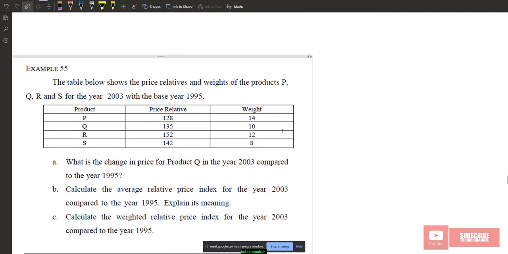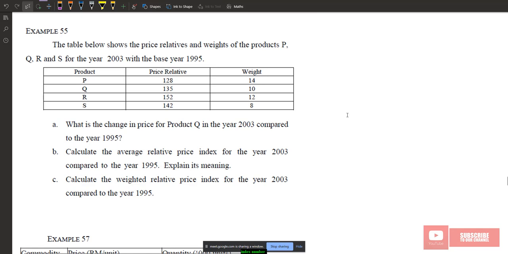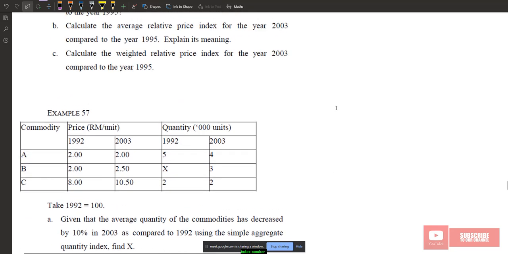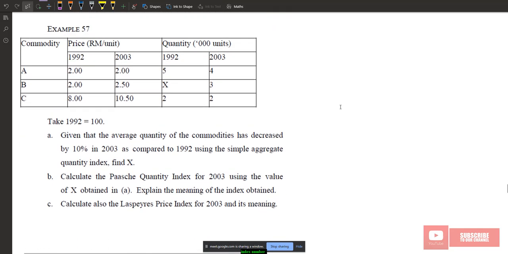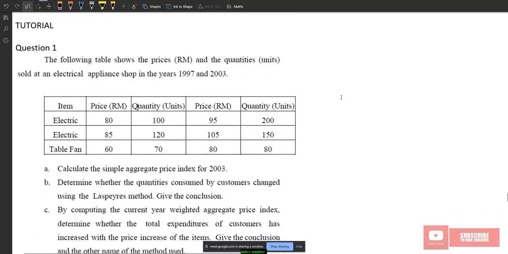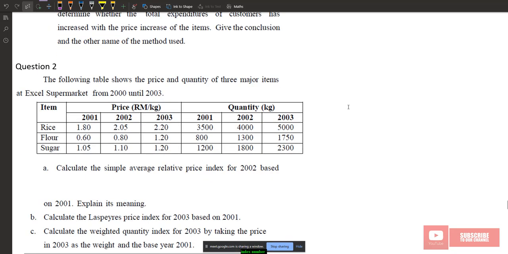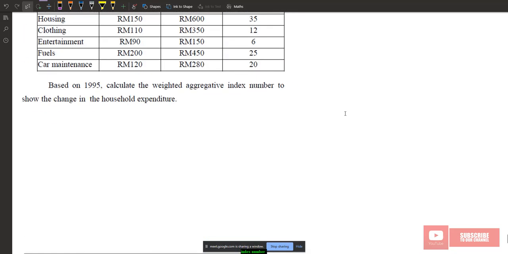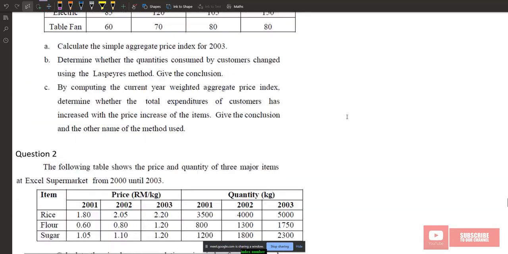So now I leave example number 55 and 57 for you, right? So I also leave the tutorial to you. We have 5-6 tutorial questions, right?